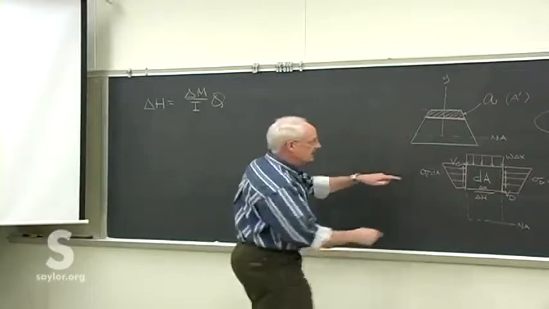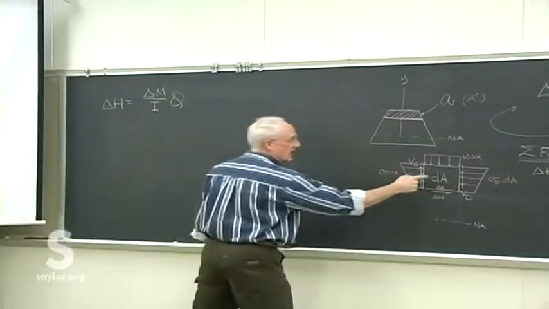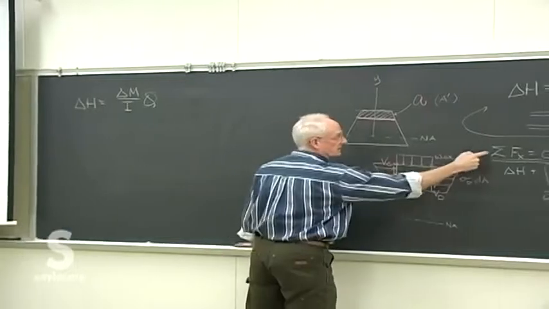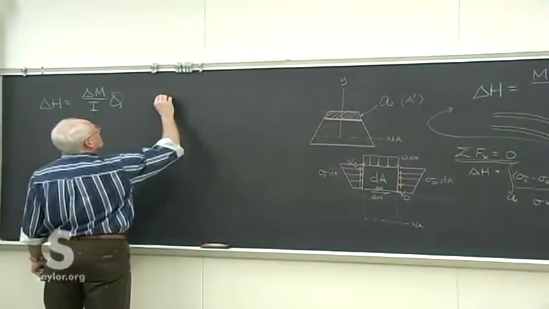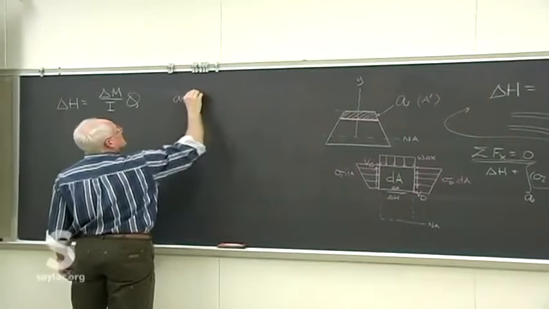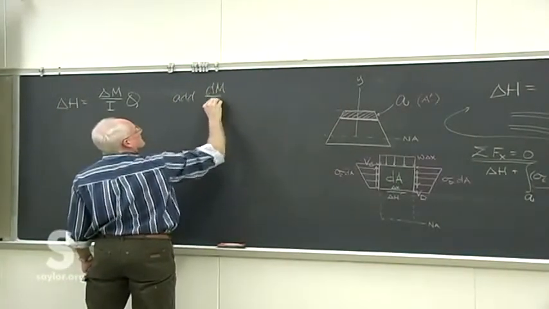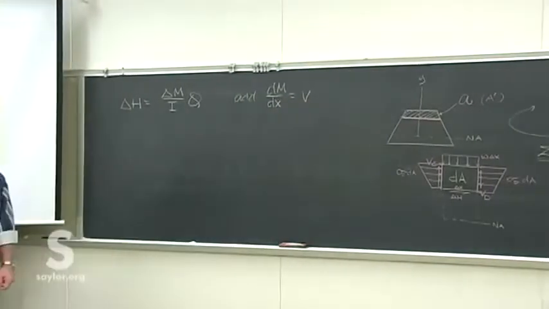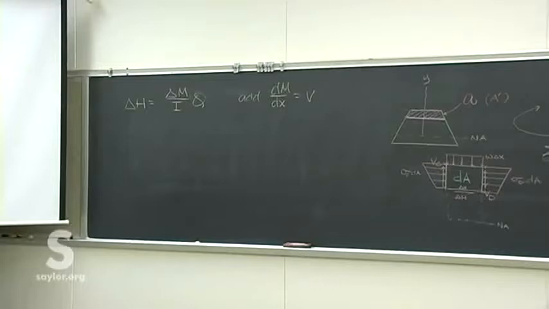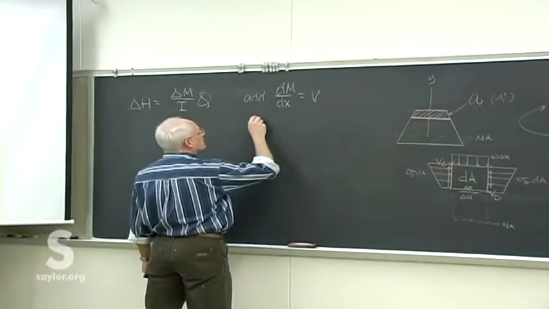Remember, this delta M is the difference in moment on either side. It's not in this picture because we did a force balance, not a moment balance. We're going to add to this our relationship between the moment and the shear. That's from our shear moment diagrams.